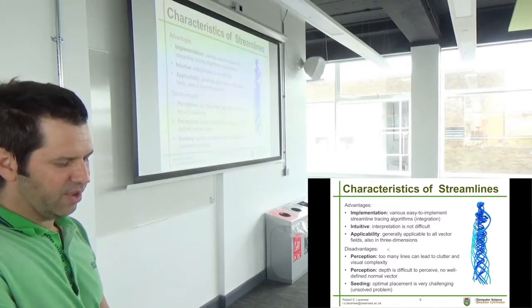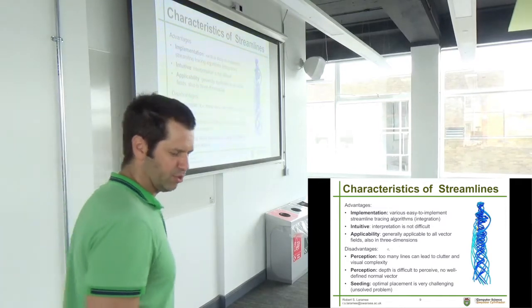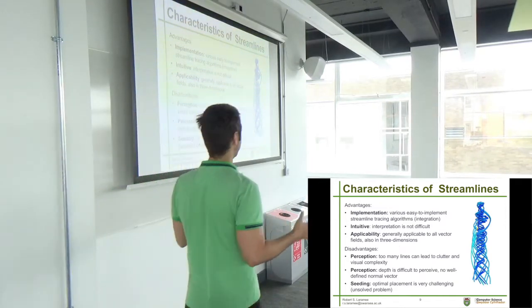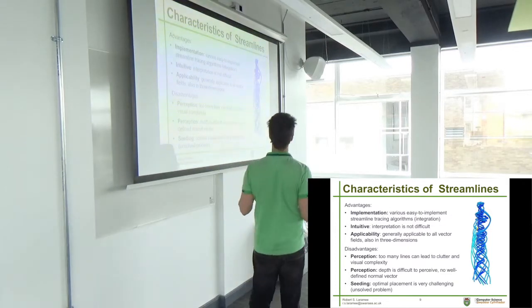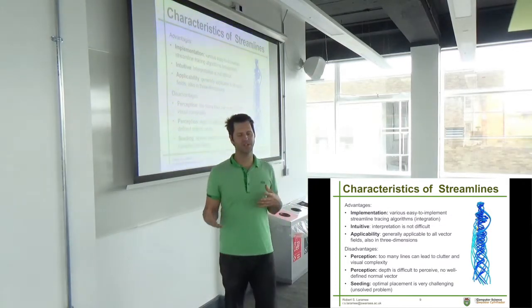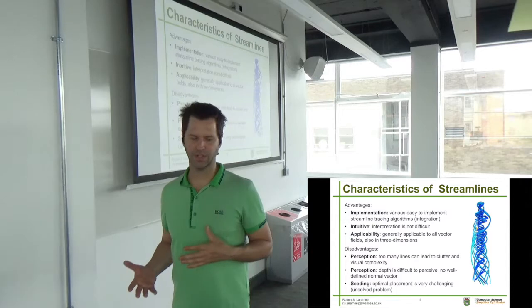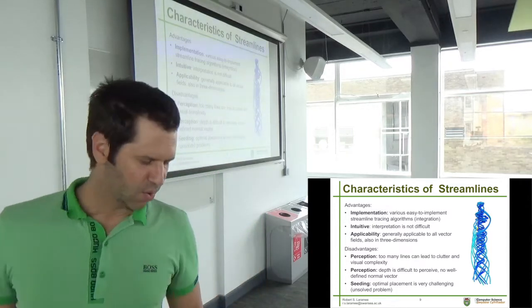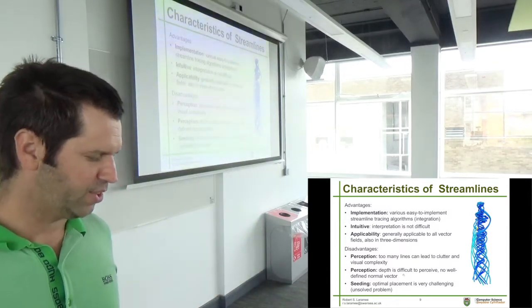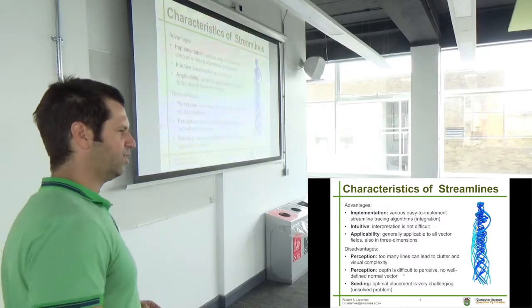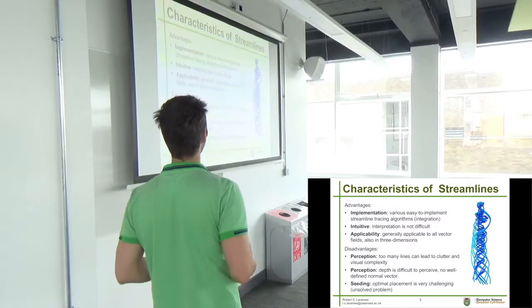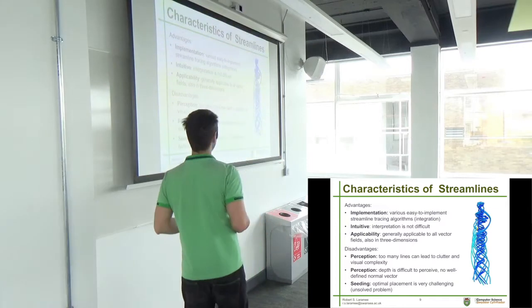But streamlines have some disadvantages, like perception. If you were to seed 1,000 streamlines in a three-dimensional vector field, you would see a lot of clutter and complexity. If you don't do anything with the streamlines, it's hard to perceive the three-dimensional nature of them, right?